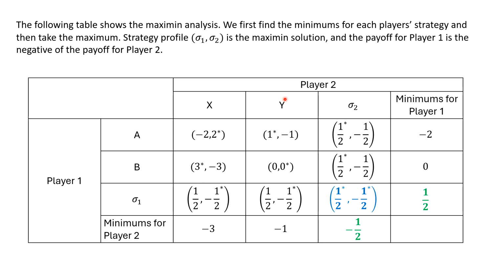And if player 2 plays Y, the best for player 1 would be 1, so we put a star there. And if player 2 plays sigma sub 2, then all these are the same, basically 1/2, so we put a star next to all these.